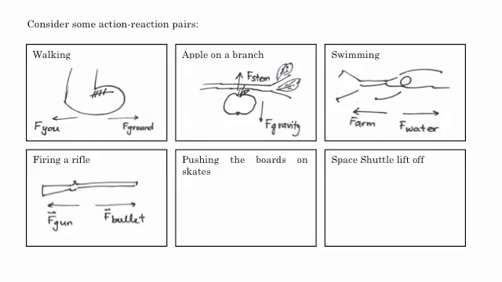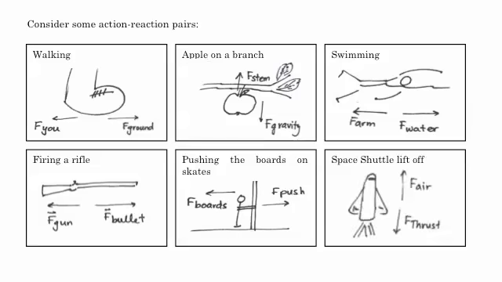If you're on skates and you're up against the boards and you push on the boards with your skates, of course you push in one direction on the boards, but the boards push back on you, and so you end up moving backwards. And when a space shuttle lifts off, the thrust of the engines and all the gas that's being burned produces a thrust downwards, but of course the air pushes up on all that gas, which is what forces the shuttle up into the air.